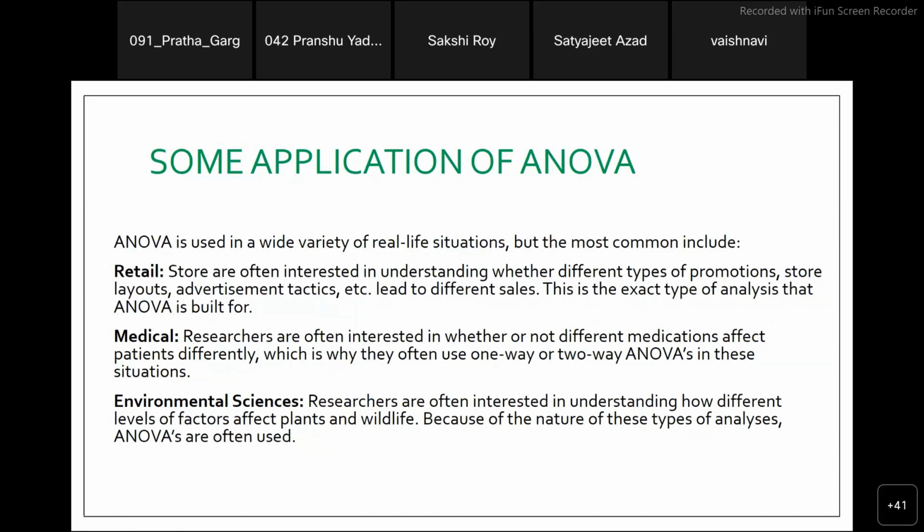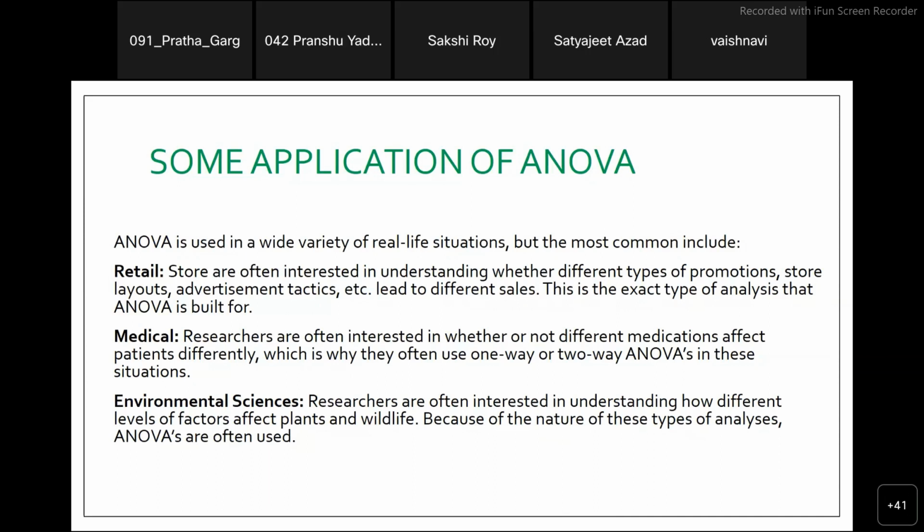So good. Okay, so this is the exact type of analysis that ANOVA is built for. In the medical industry, researchers are often interested in whether different medications affect patients differently, which is why they often use one way, two way. Obviously, they keep checking which medicine is affecting in a negative way or a positive way, whether there is some causal effect or not.